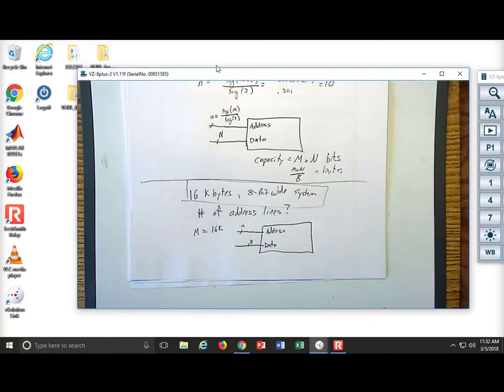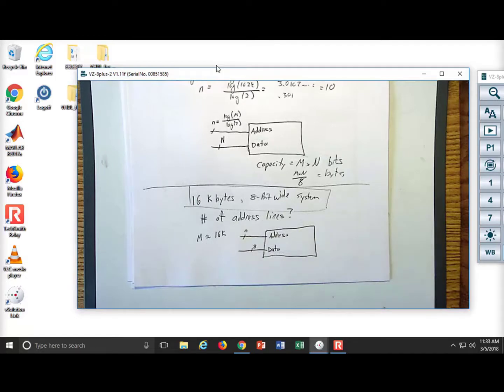Now, here's what we got to think about. People are saying 16K, but is it really 16K exactly? No. To find out what it is really, you could put it in a spreadsheet and calculate every possible number, or we could put it in this logarithm and figure it out using 16K and then round up.